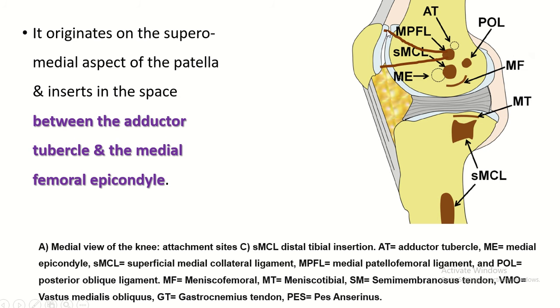So this is the attachment of the medial patello-femoral ligament. This is the attachment on the femur, the place between the adductor tubercle and medial epicondyle, and another attachment is the medial portion of the patella.